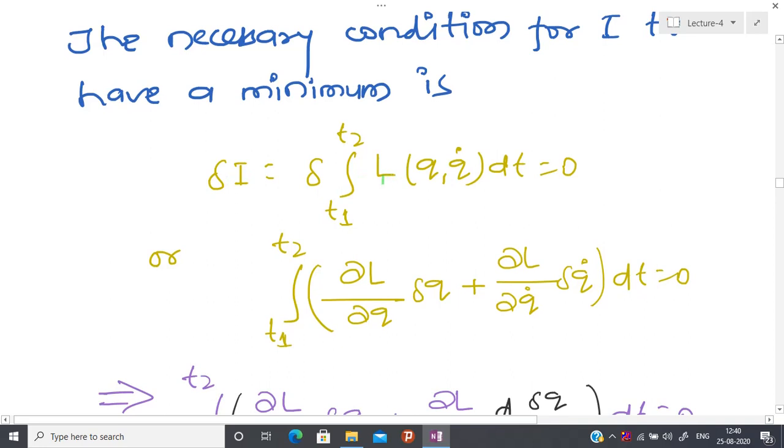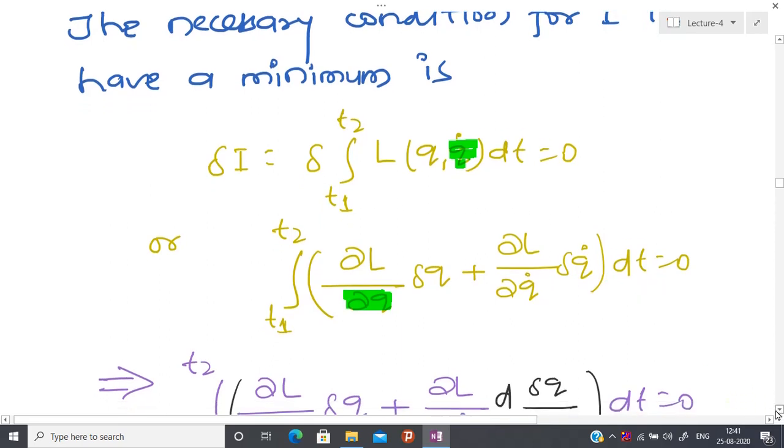Since L is an explicit function of q, if I change this integral, then the effect on this integral is first the change of L with respect to q, with q plus delta q, and similarly with this, dL by dq dot and delta q dot, and dt.